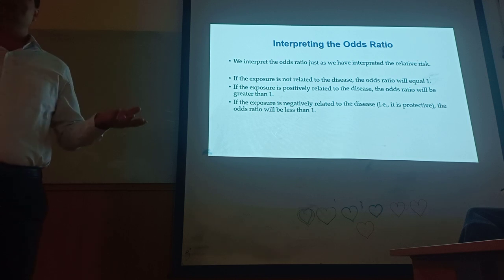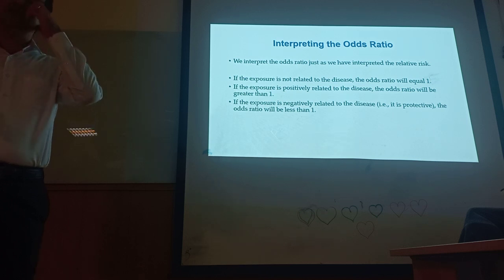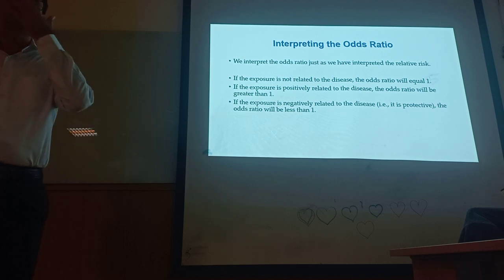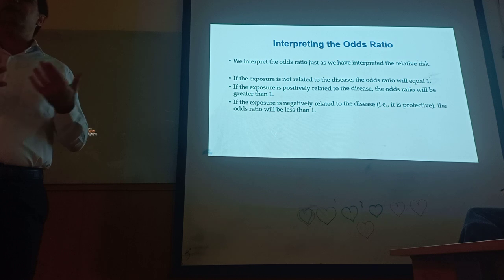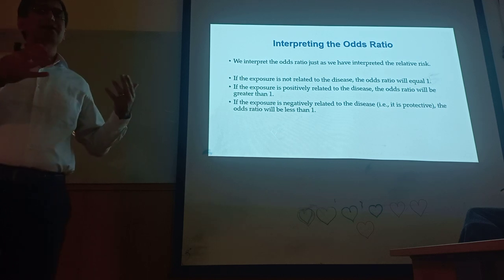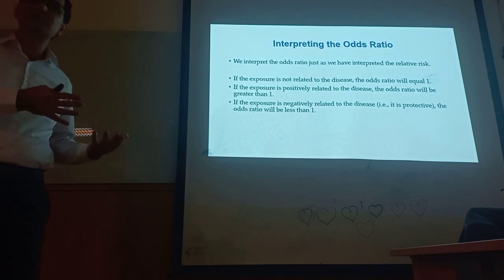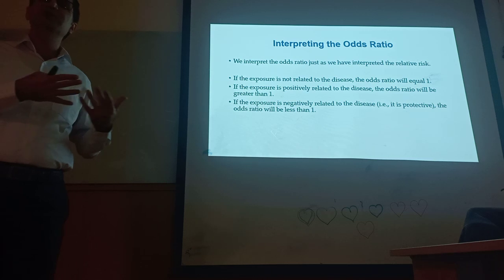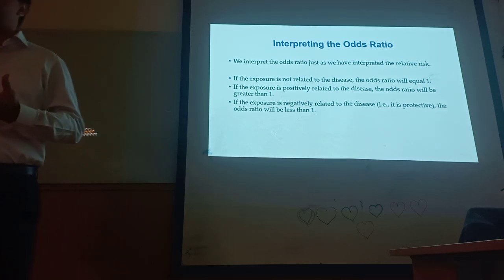So the interpretation is the same. The way we are calculating the measure of association is different, but the interpretation is the same. And we then say that smoking has association with asthma in both case control studies and cohort studies, regardless of whether we calculate risk ratio or odds ratio.